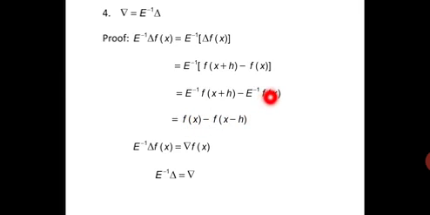Here also f of x minus h. So now, this is nothing but the backward difference of f of x. We wrote it here. Now on both sides we can remove this f of x. The remaining thing is E to the power of minus 1 into forward difference is equal to backward difference. We have just proved it.